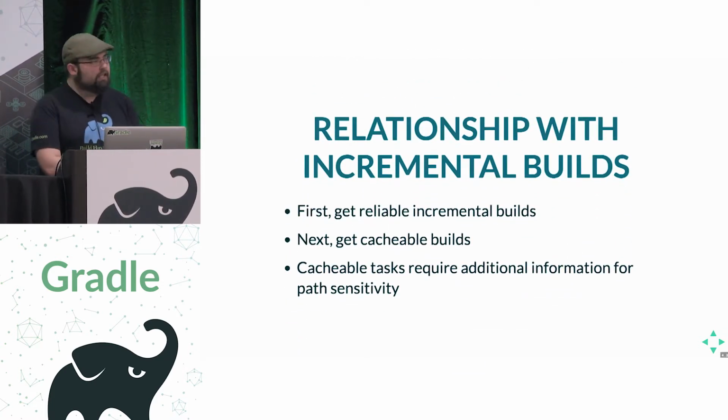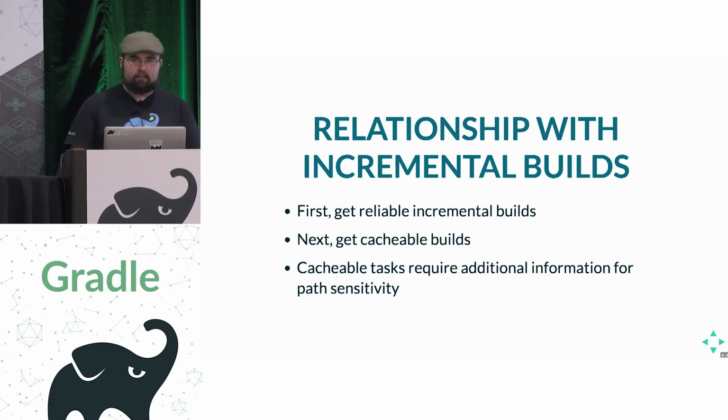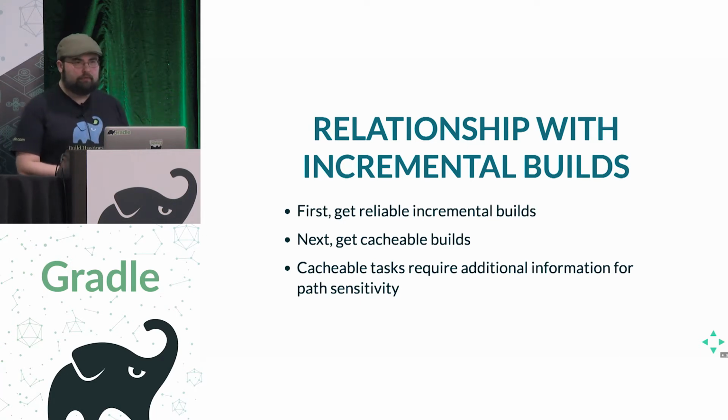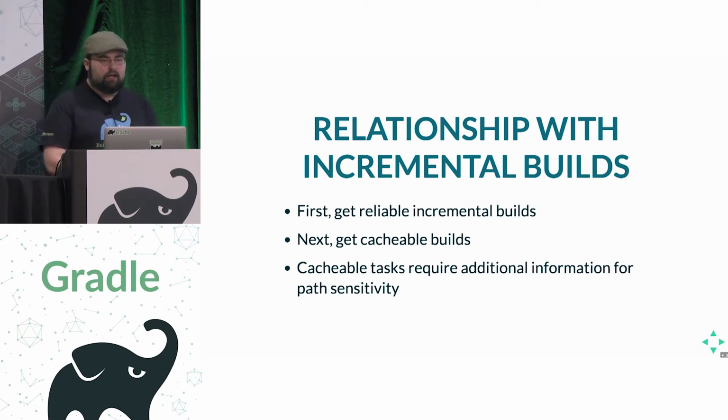So in a way, Gradle's had a build cache type of concept for a very, very long time through incremental builds. The first thing you have to get to really use a build cache is really good incremental builds.